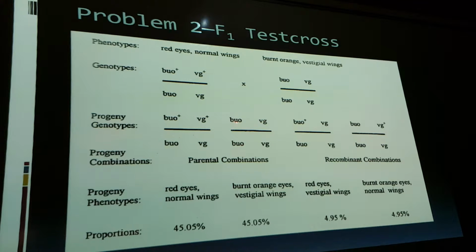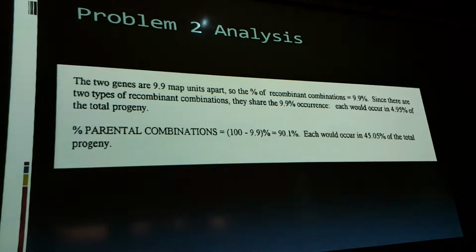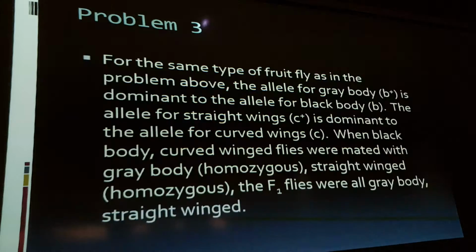Here we have burnt orange eyes and a vestigial wing. Here we have red eye and vestigial wing. Here we have burnt orange eye and normal wing. And you'll get used to those symbols after a while. It takes some getting used to. Okay? And so round and round we go.